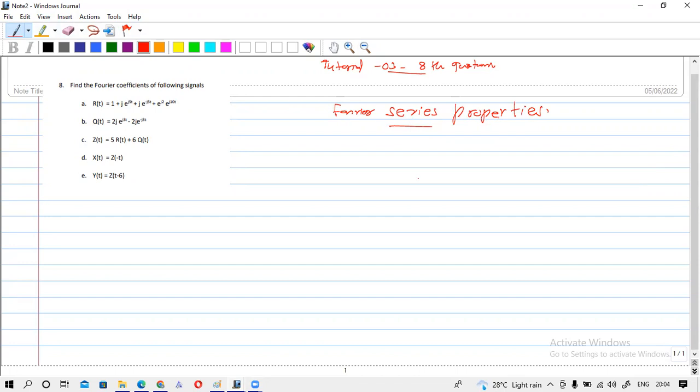Under this topic, we have discussed some properties related with Fourier series coefficients.